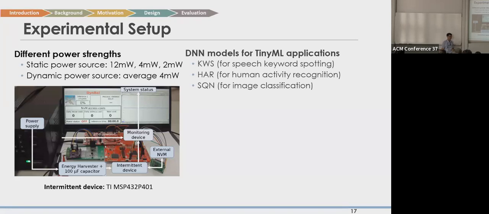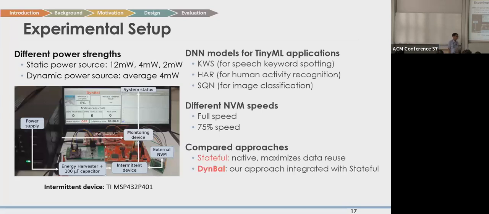We also use a few DNN models that are commonly used in tiny ML applications. And those models come with different sizes of search space. Some are larger and some are smaller. We also run our experiments on different non-volatile memory access speeds. That is the full access speed of the used chip and 75% of the speed of the chip.